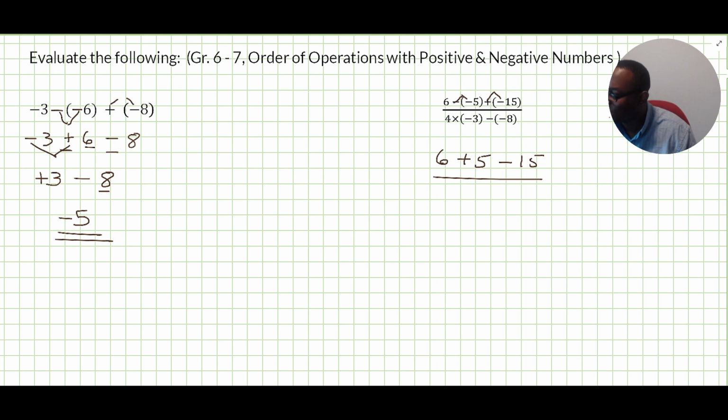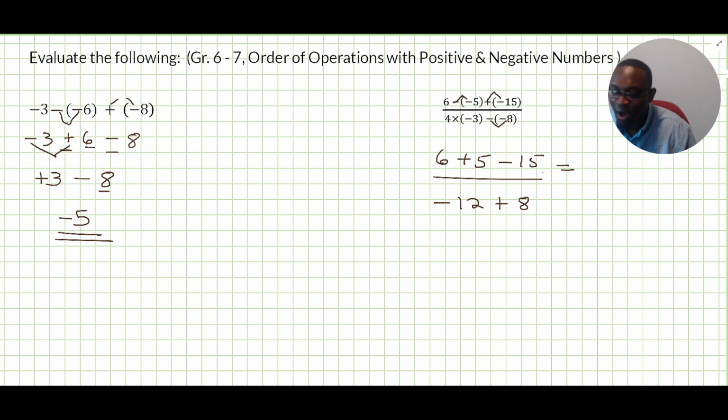When the signs are different, you have negative. So now we have 4 multiplied by -3, because remember PEMDAS, you're always going to deal with your multiplication first. We have -12, and then we now have negative here, that's going to give us +8.